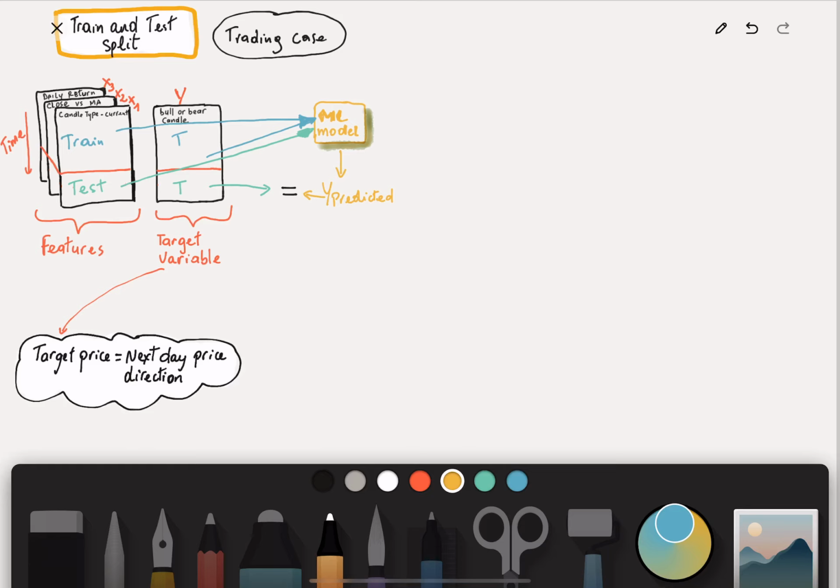Ideally you want to have a higher percentage than 50 in the case of a binary class, because here it is binary. Why? Because it's either a bull or a bear candle, right?